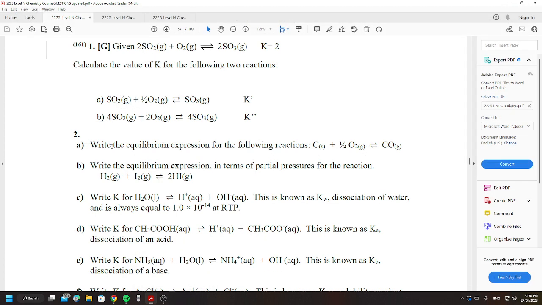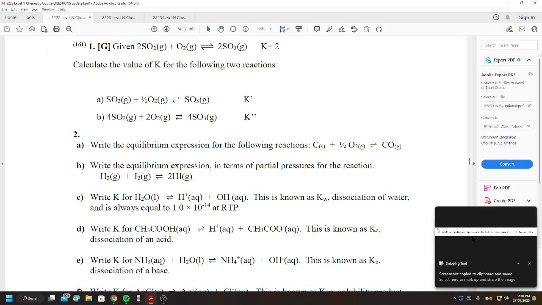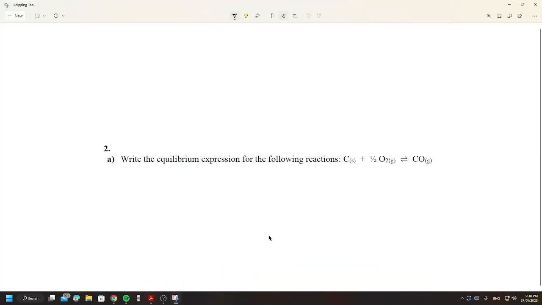Now, write the equilibrium expression for the following reaction: C solid plus half O2 gas to give CO. We know that we shouldn't consider anything that isn't a gas or a chemical in the aqueous state.